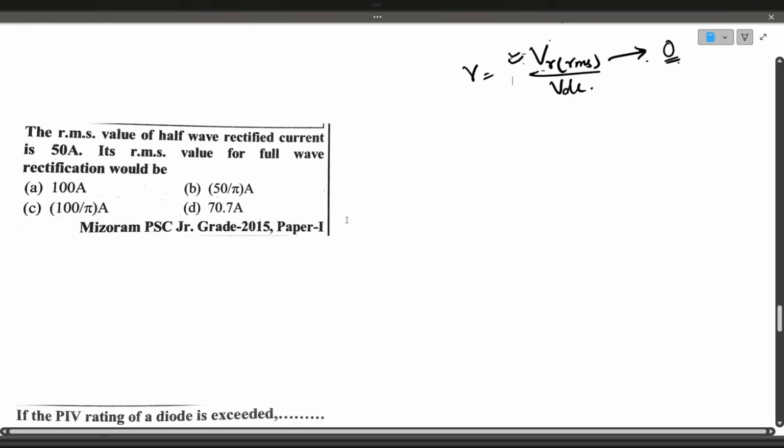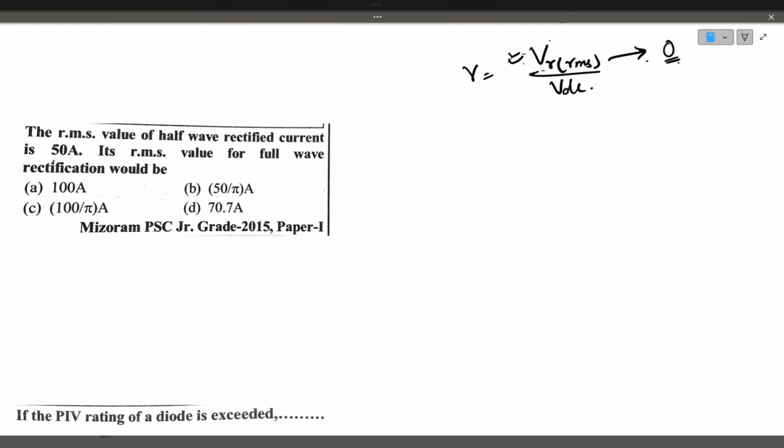Next, the RMS value of the half wave rectifier current is 50 amperes. Its RMS value for full wave rectification would be? The RMS value of a half wave rectifier is Im by 2.